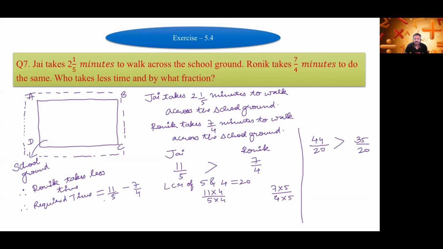Yes, you have to draw the figure. Solve this, 11 by 5 minus 7 by 4. I will not solve it now. I'll directly write the answer. Shaurya is telling it is 9 by 20. Okay, you will solve it. 9 by 20 is the answer. Is it clear to everyone?